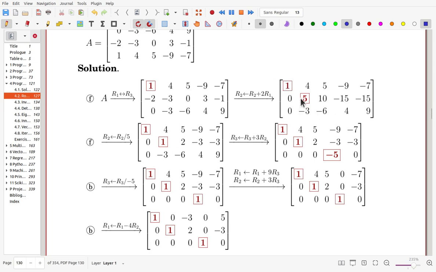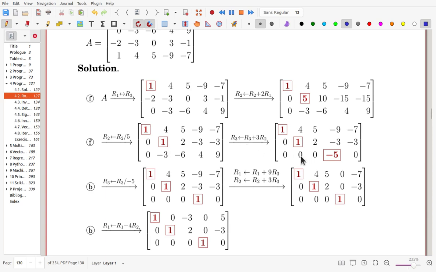Now we move our attention to this value, and to handle it more easily, we divide by 5. So we have this here, and 3 times it can be added to make this portion 0 below the leading entry.